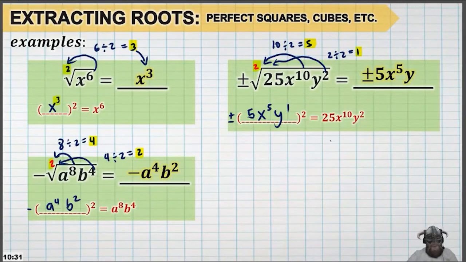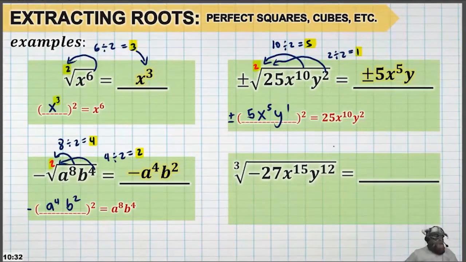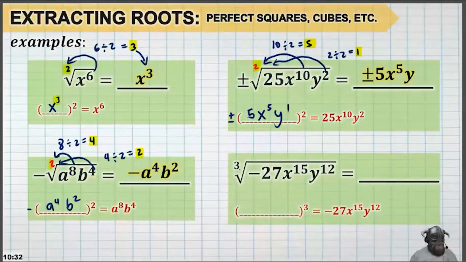Last question. Paano naman to? Cube root of negative 27, x raised to 15, y raised to 12. Sige nga. So, clue. Pwede nyo na makuha yung cube root ni negative 27. May sagot tayo dyan kanina.